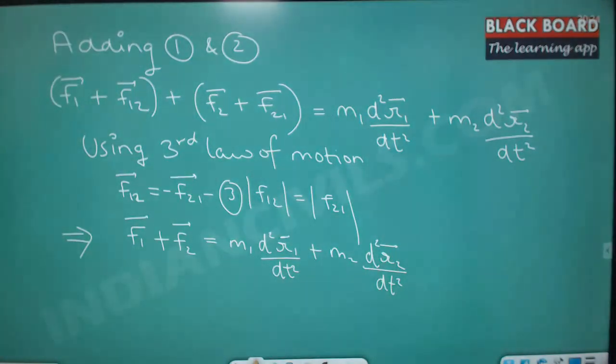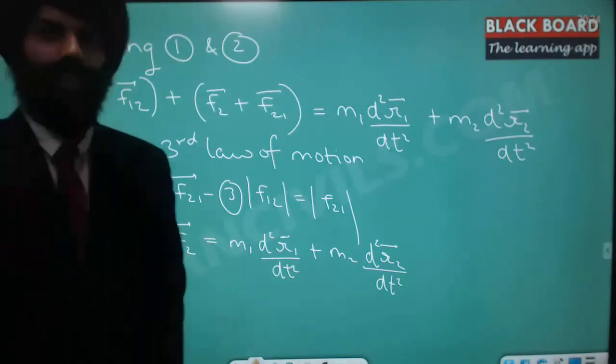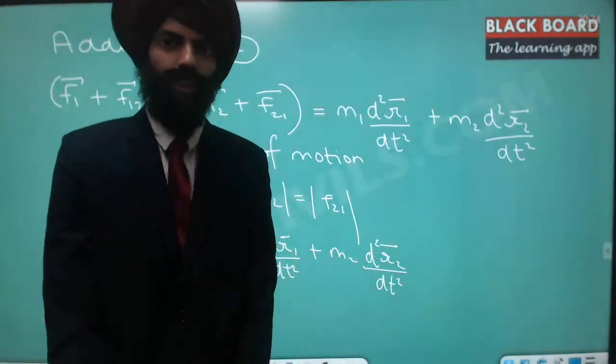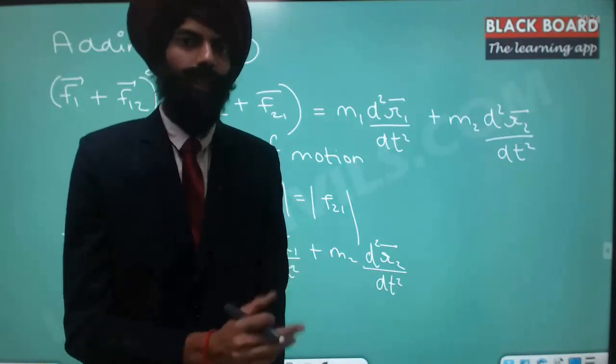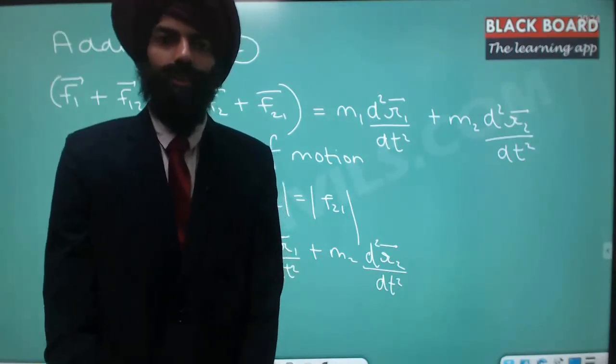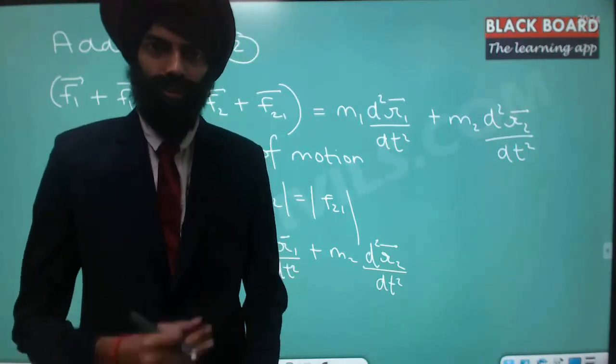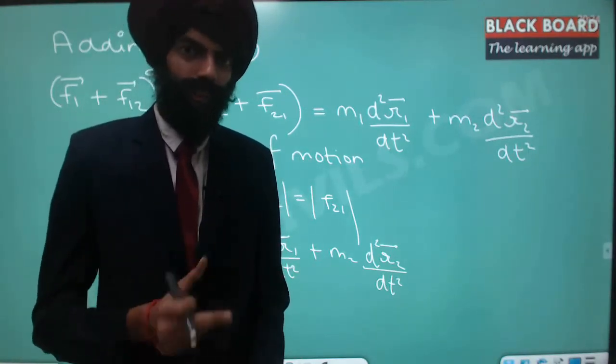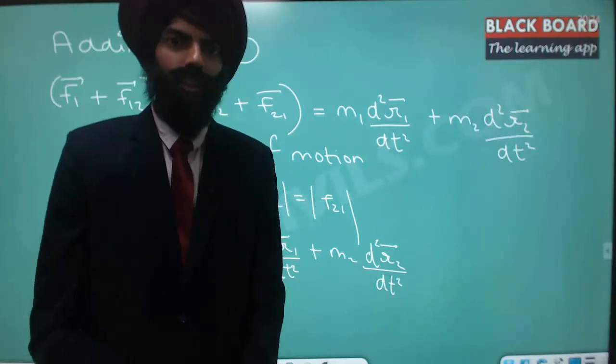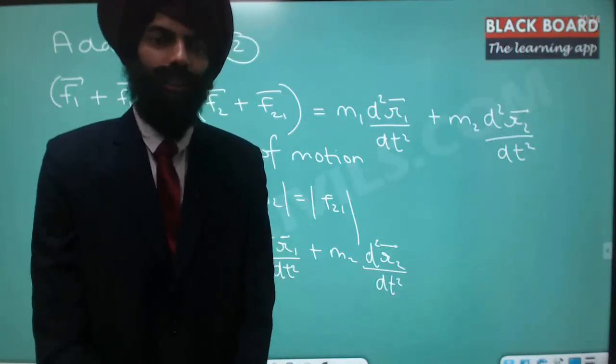Now F1 and F2 is nothing but the total external force which is acting on the combined system. The system in our case is particle 1 and particle 2. So the total force acting on both of these particles, the total external force, not the forces acting within the two particles, is F1 plus F2.